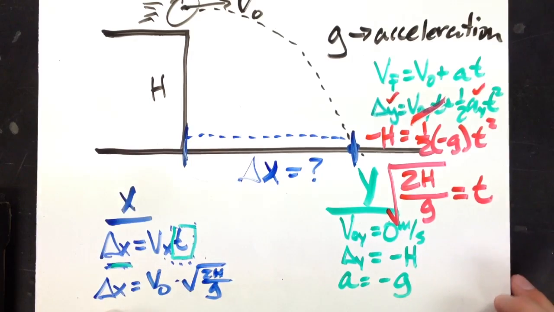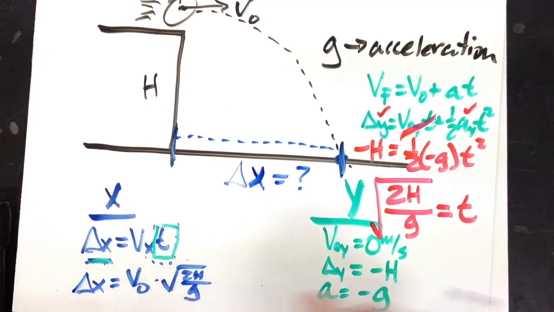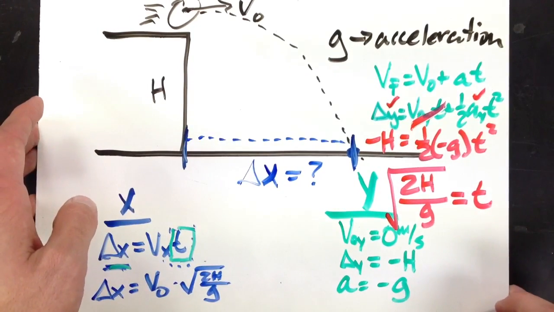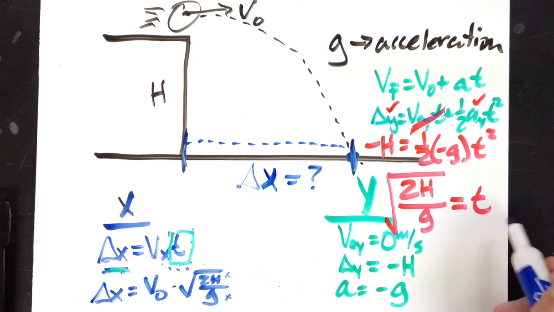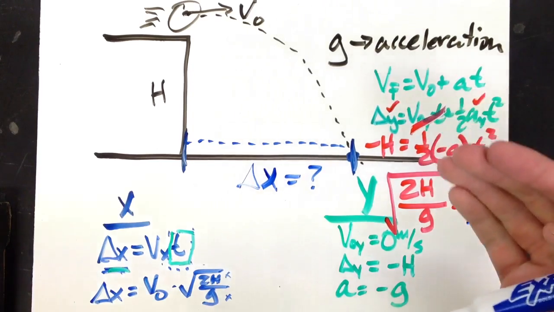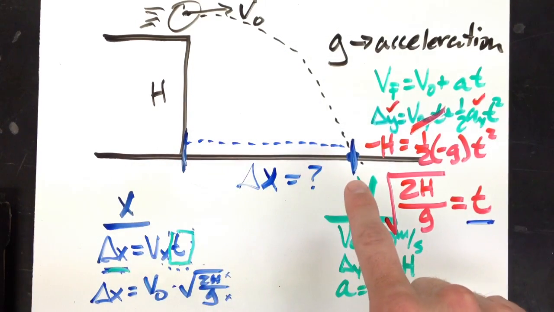That's how far my object goes. Now, look at what controls delta x. Not only how fast it leaves the table, but also the height and the gravity. Because your height and the gravity are affecting your fall time. The more fall time you have, the farther that ball will go.